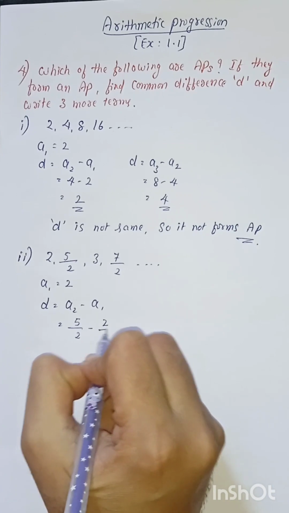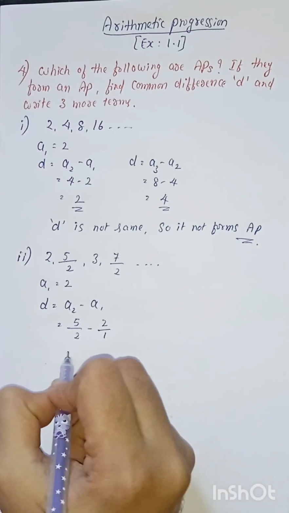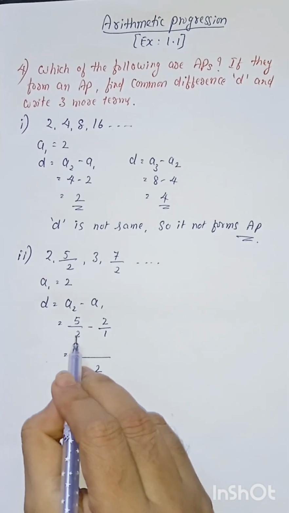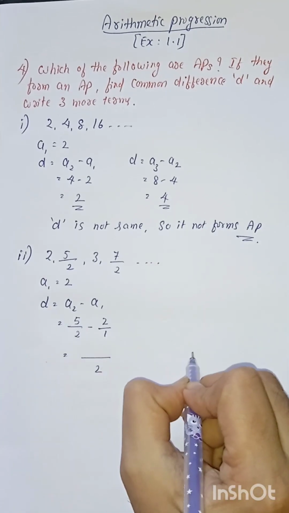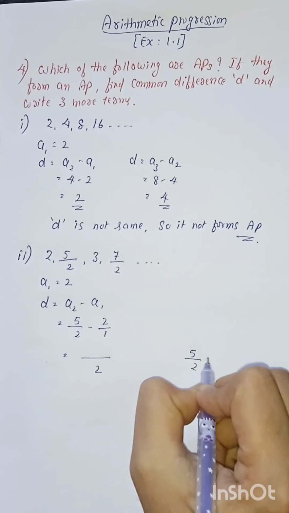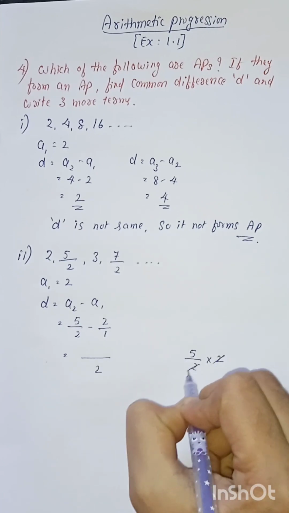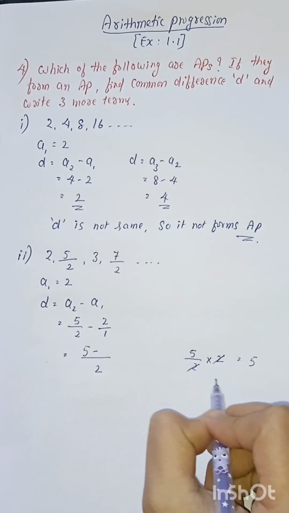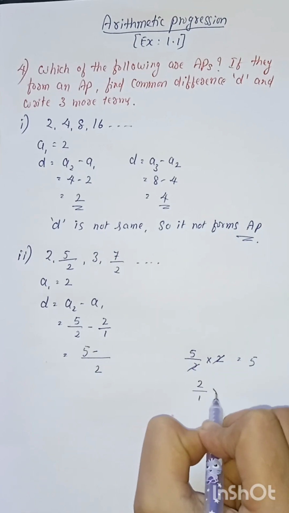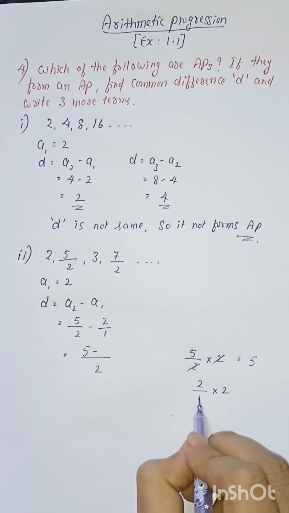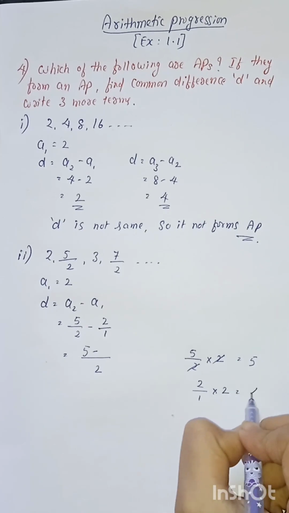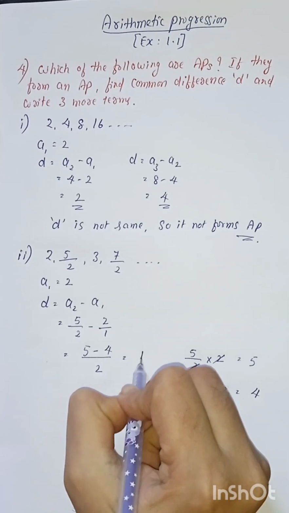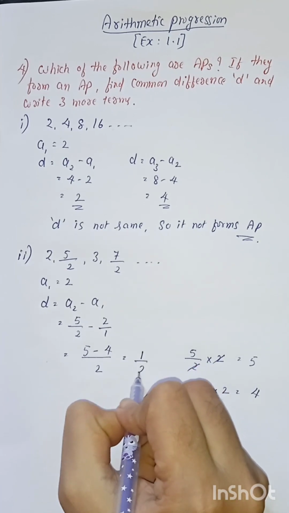We can take it as 2 by 1. The LCM is 2. Now we can take 5 by 2 into 2, the 2s get cancelled. What remains? 5. Put 5 here, minus in the same way 2 by 1 into 2. The denominator 1 is not necessary, so 2 twos are 4. I will put 4 here. 5 minus 4, 1 divided by 2.